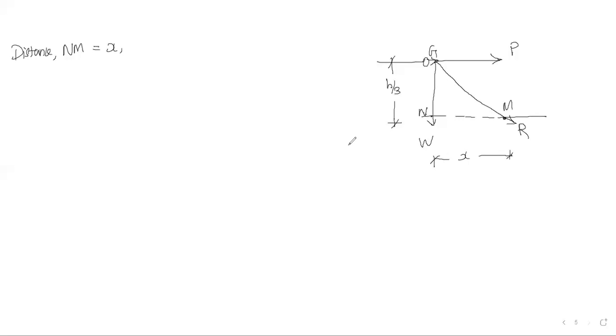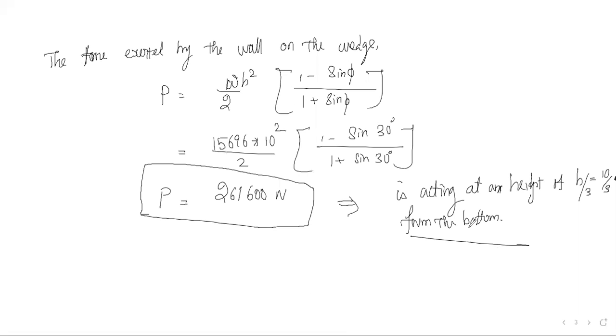By equating the moments with respect to the point M, P into h by 3 is equal to W into NM or x. Therefore, x is equal to P by W into h by 3. Whereas P is 261,600, we have calculated that.